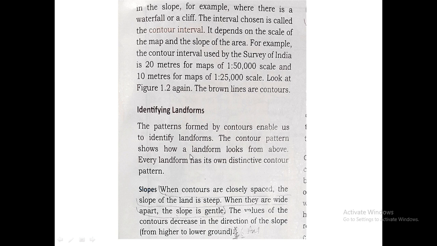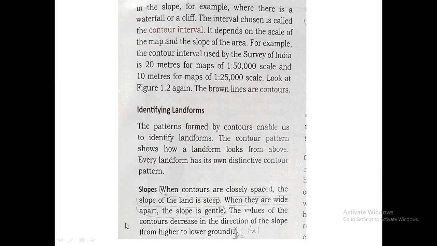Every landform has its own distinctive contour pattern. If there is a mountain, it will have a different type of contour pattern. If there is a plateau, then it will have a different type of contour. So by looking at the contours, we can easily understand what kind of landform this is.